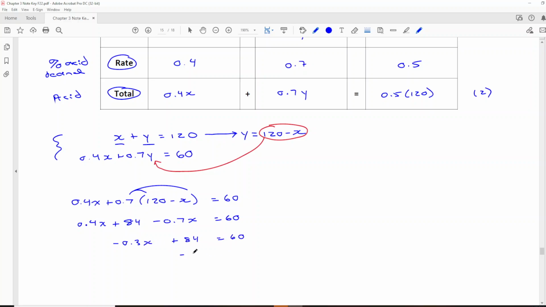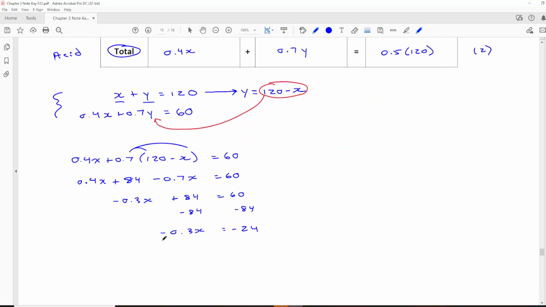I'm going to subtract 84 from each side, and I end up with negative 0.3x equals negative 24. Then I divide each side by negative 0.3. I end up with x equals 24 divided by 0.3, which is 80.